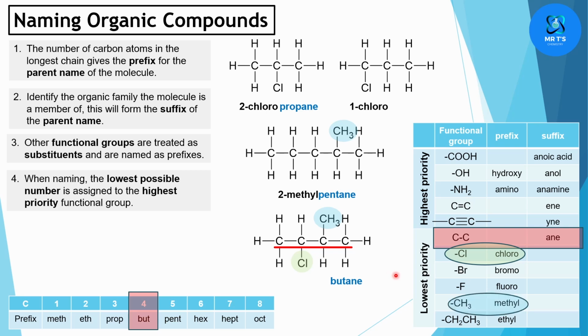So we're going to have 2-chloro-3-methylbutane. And again, make sure that we have a hyphen in between the numbers and the letters.